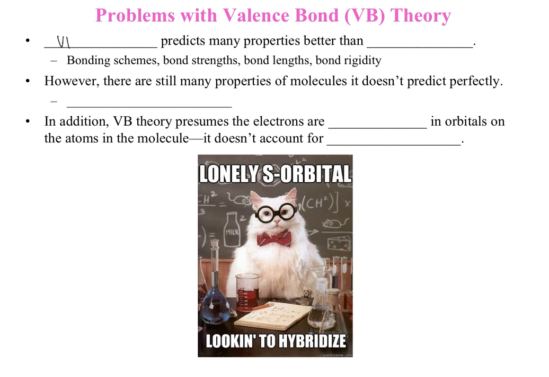Just like other theories, this one has its shortcomings. Valence bond theory helps us to predict many properties better than Lewis theory. We can do the bonding schemes and talk about bond strengths and bond lengths a lot better, and rigidity. But there's still some issues. It doesn't deal with magnetic behavior. It doesn't explain that at all. And also it presumes that electrons are localized, that they are stuck in place between 2 atoms.